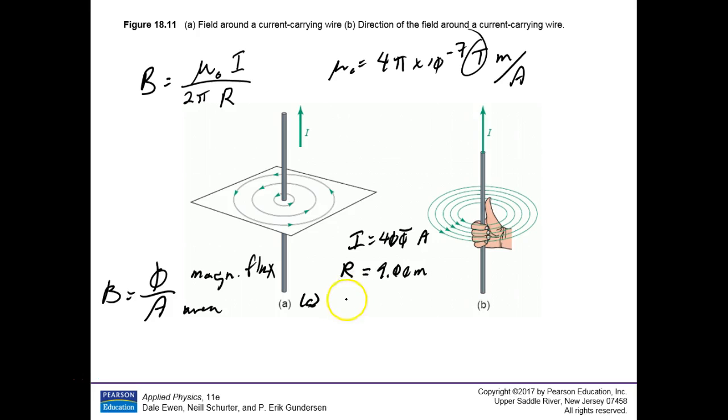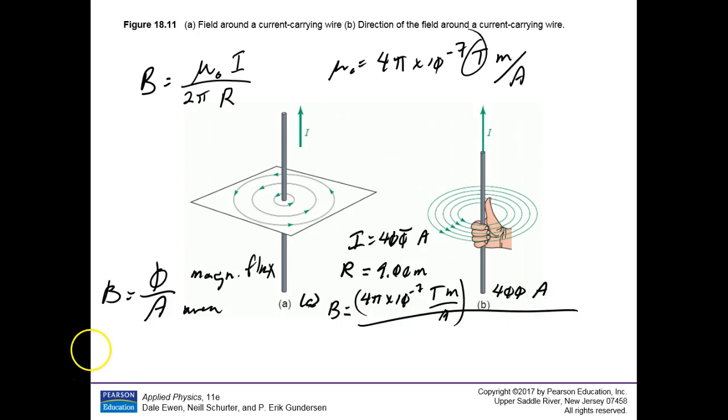So what we're looking for is B. B would be mu naught, which is 4 pi times 10 to the minus 7 Tesla meters per amp, times I, which here was 400 amps, divided by 2 pi times r, which is 9.00 meters.